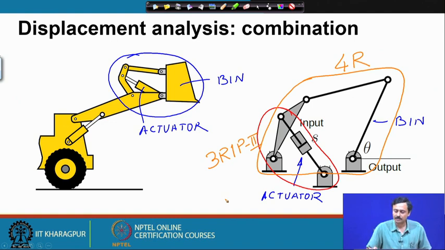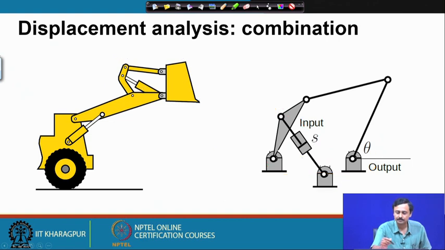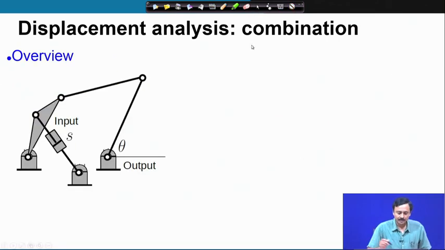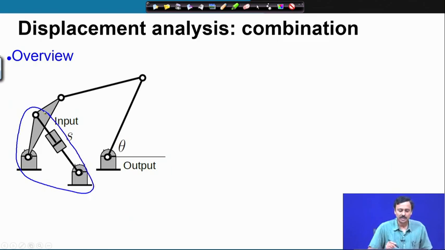So, we go one by one in steps. First we can solve this 3R1P chain.